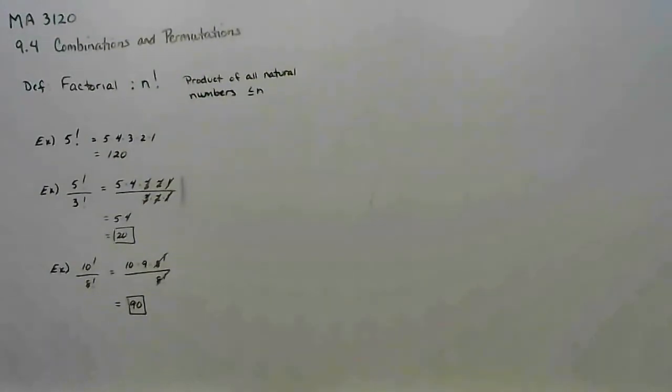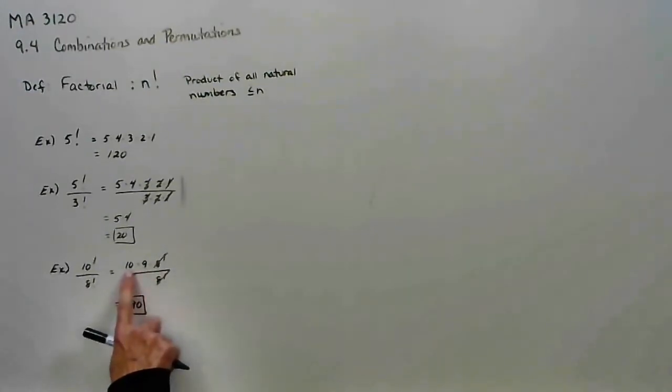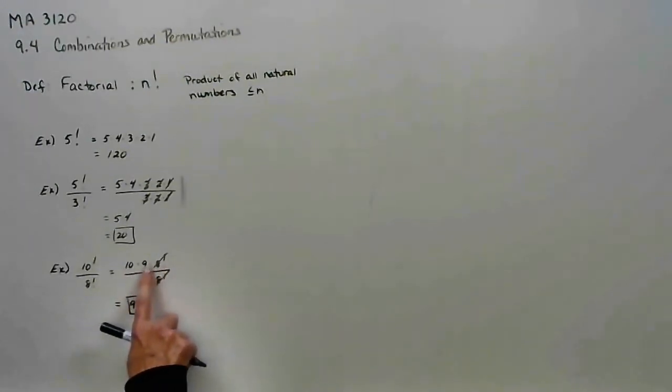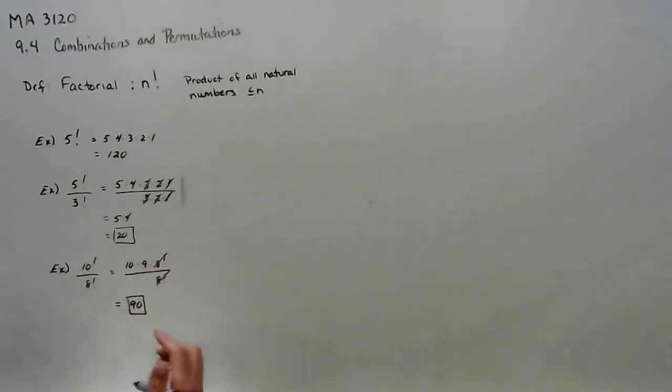Okay? Now, one thing you do not want to do: do not reduce the 10 and the 8 first. If you had reduced this to 5 over 4, 5 factorial over 4 factorial is not 90. So do not reduce first. You can only reduce factors, and factors are the things, terms, expressions that you multiply together.